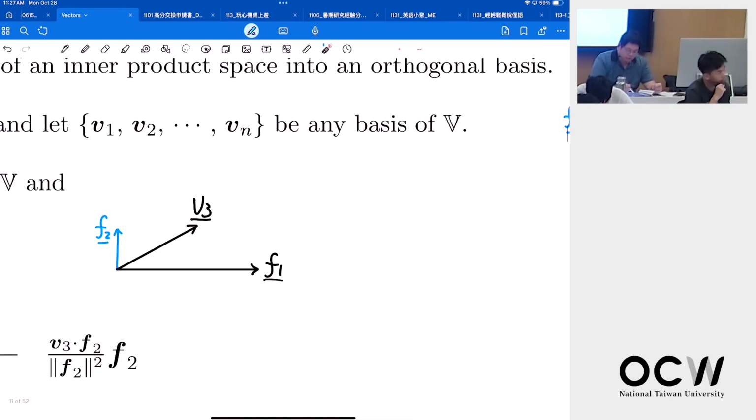So I need to form an orthogonal basis. Then I need to deal with this vector v3.